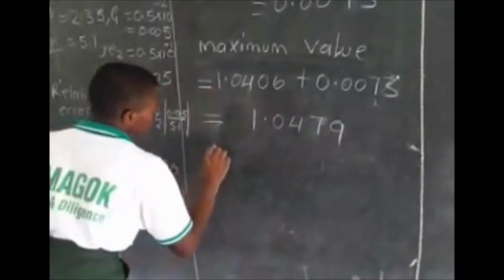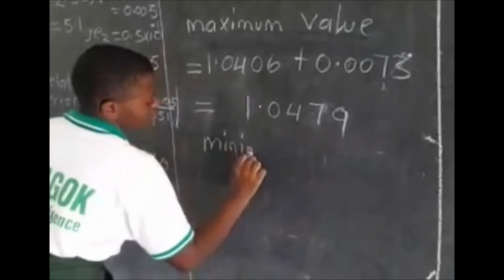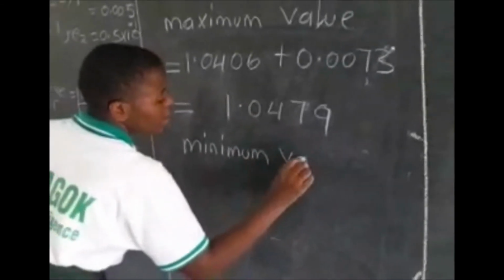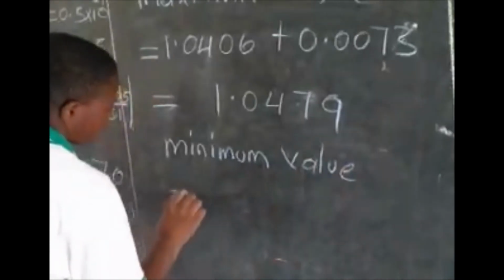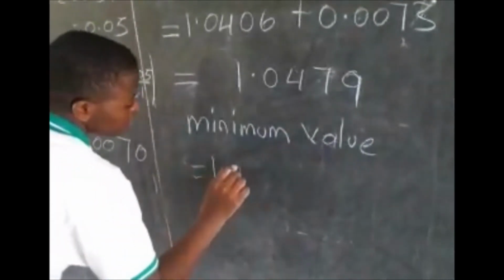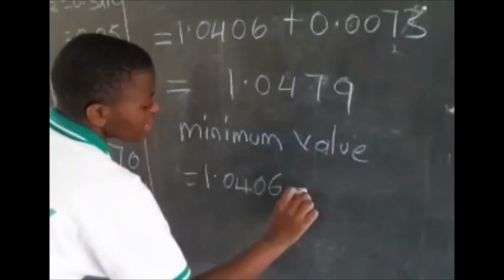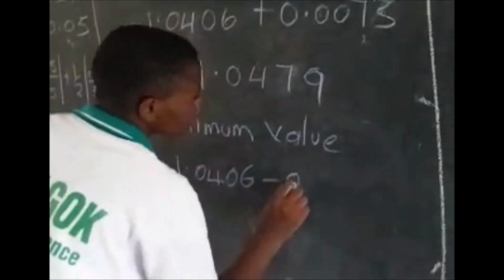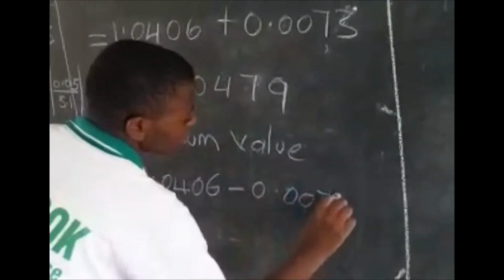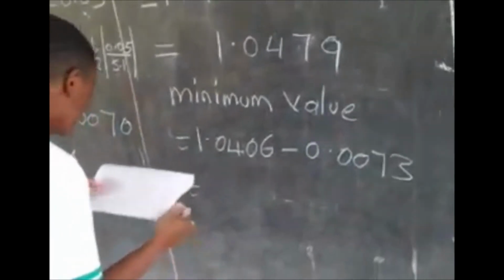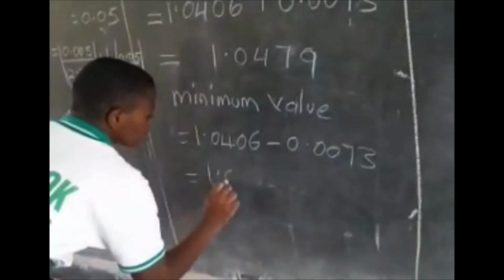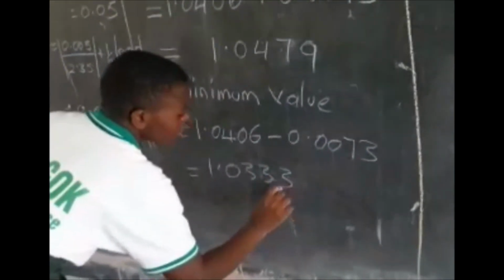From there, we shall find our minimum value, and it will be given by the working value, which is 1.0406, minus the error, which is 0.0073. When you subtract that, you obtain 1.0333.